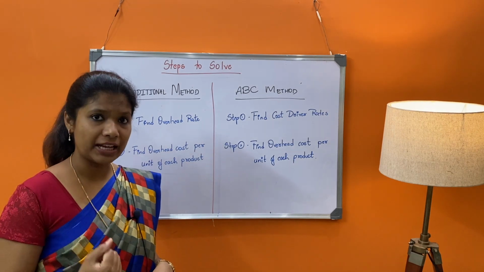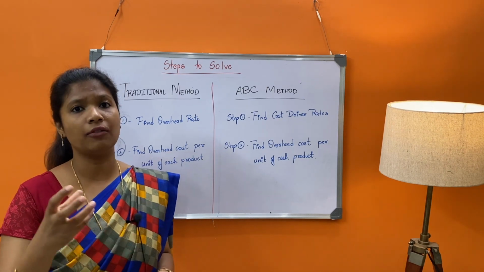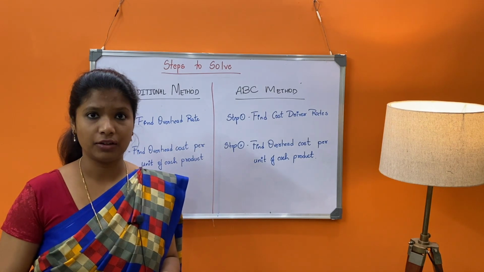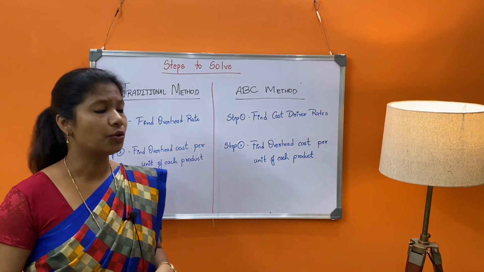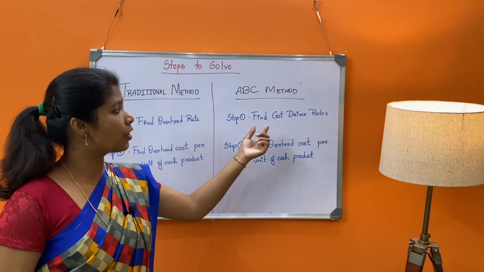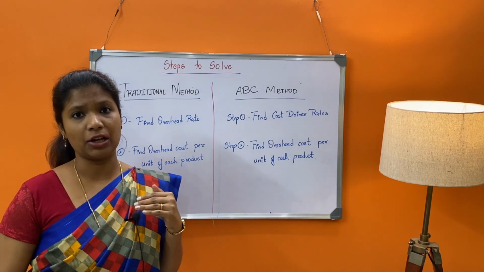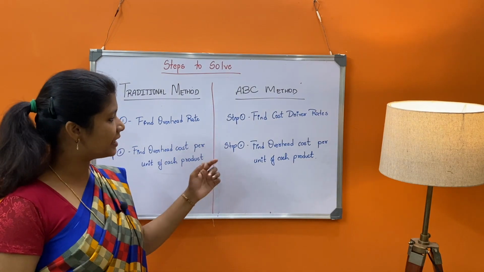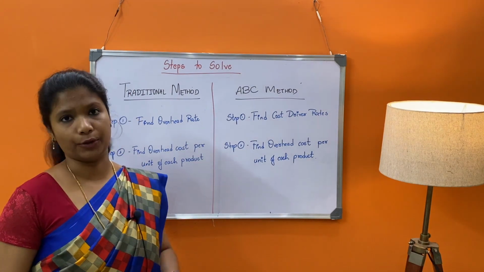In order for us to get raw materials, we need to place an order, so many kgs of raw materials are required. That is called putting up a requisition letter. All those things are called cost drivers. Individually for all these overheads, we need to find out the rate. And then step 2 is to find the overhead cost per unit of each product.